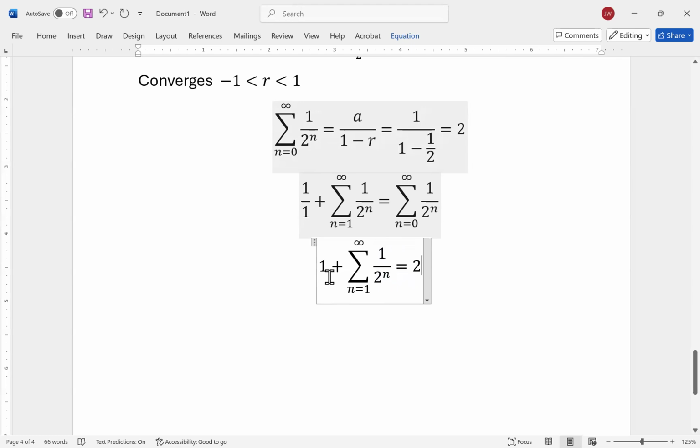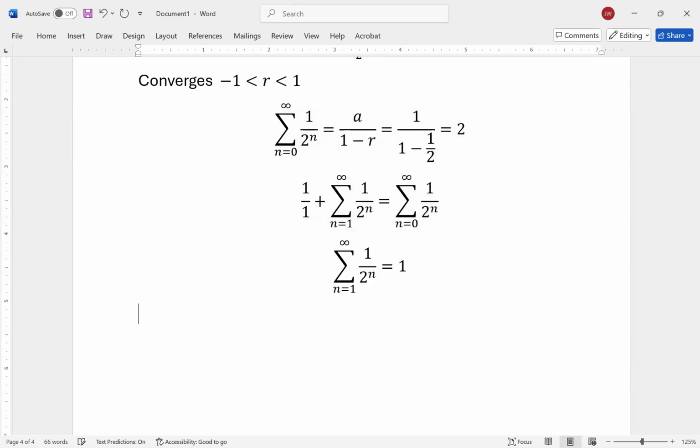If I subtract 1 from both sides, you'll see I got the same result that I got in the very first problem in this section. So the very first video, I got this infinite sum being 1 using partial fractions.